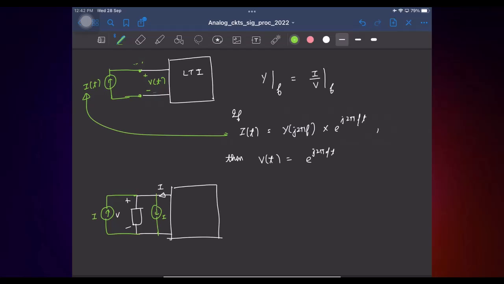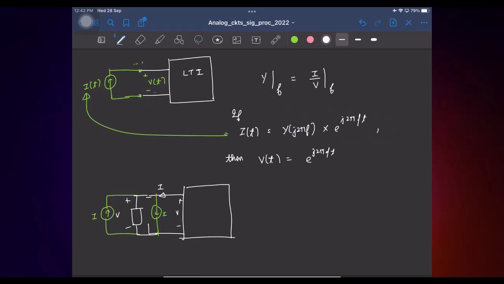Did the network change? No. Basically, I added a 0 ohm current source, right? So the voltage will still be V. So voltage here is still V. This is still V.